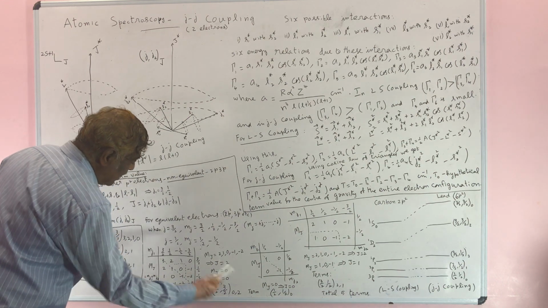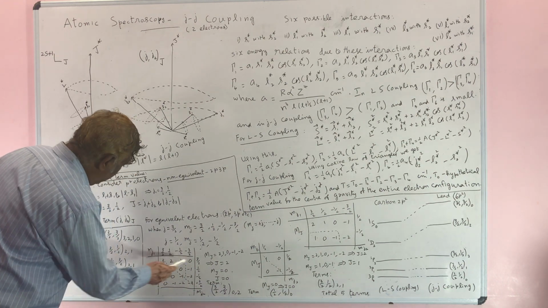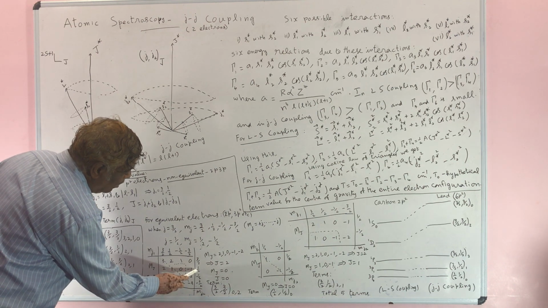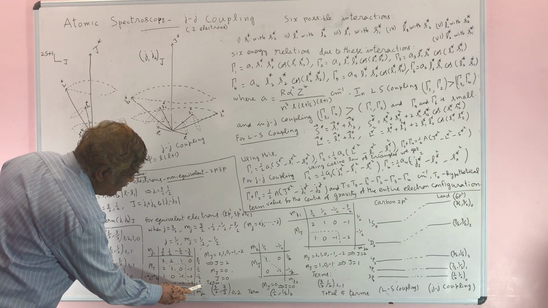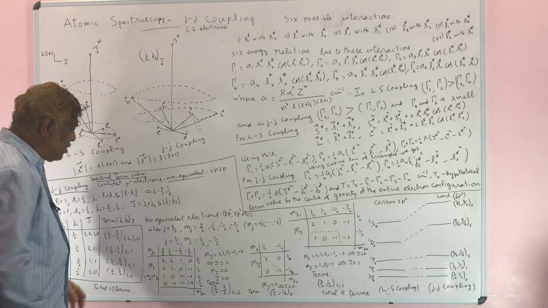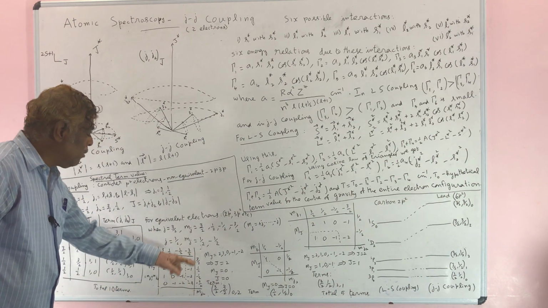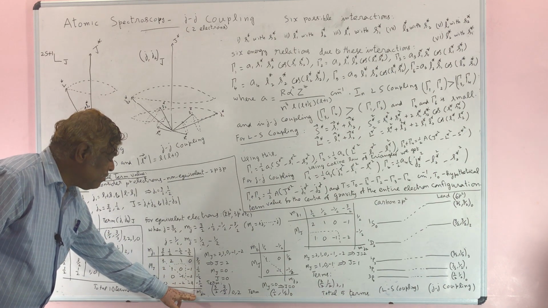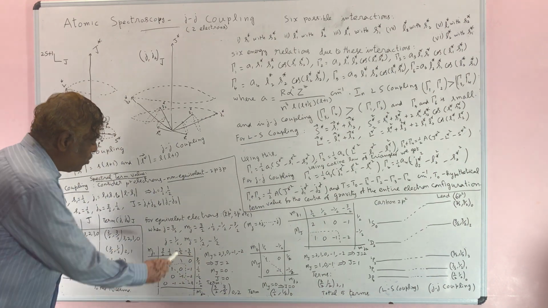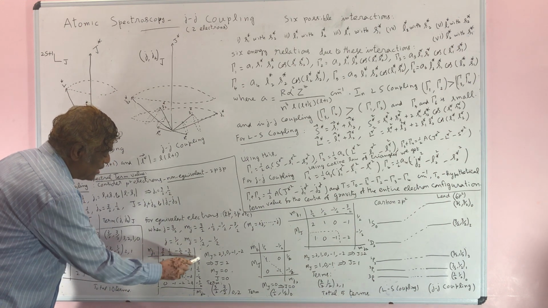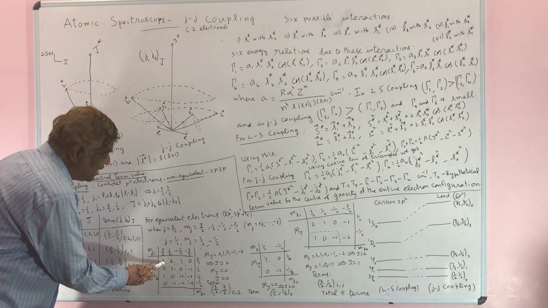Now you write Mj1 in this row: 3 by 2, half, minus half, minus 3 by 2. Mj2 for the second electron, again 3 by 2, half, minus half, minus 3 by 2. So for J1 is equal to 3 by 2, you have Mj1 equal to these values, and when J2 is equal to 3 by 2, you have Mj2 equal to these values. So you form this table. Each number represents the sum of this number and this number. So 3 by 2 plus 3 by 2 is 3.